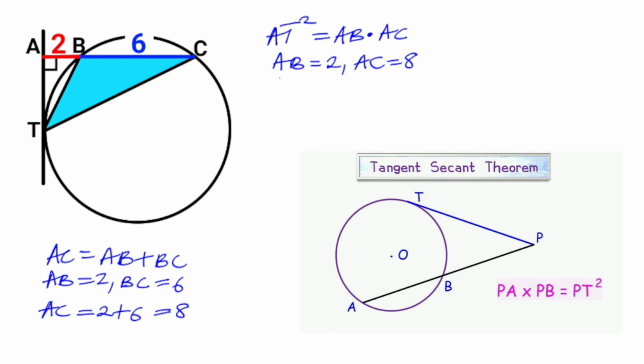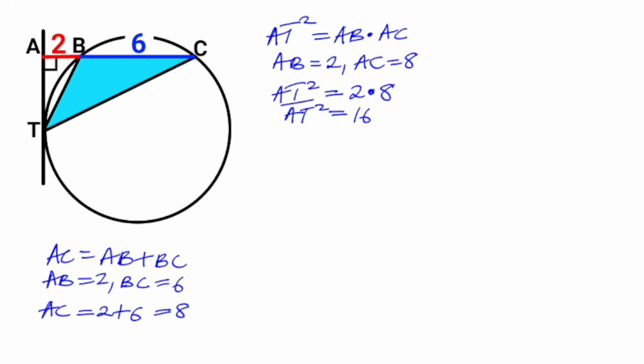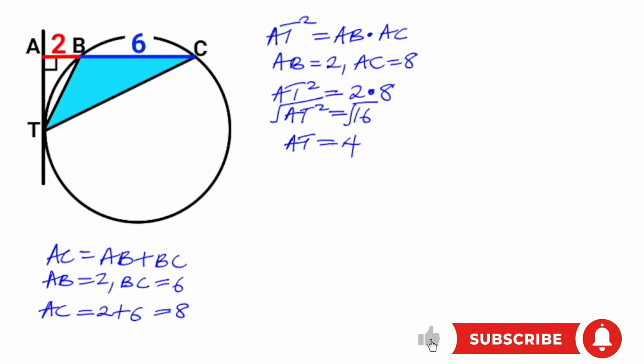If we plug in these values in the above expression, AT squared will be equal to 2 times 8. 2 times 8 is equal to 16. So, AT squared is equal to 16. Taking the square root of both sides will leave us with AT is equal to 4.